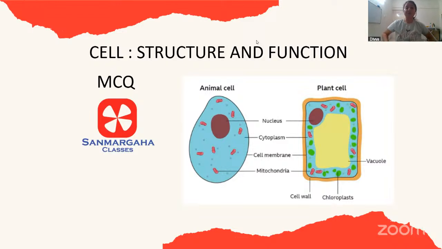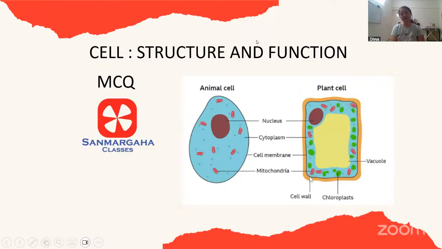Okay, so before starting, we have the pictures here on the screen. You can see animal cell and plant cell. Let us just recall some basic things, right? So animal cell has nucleus, cytoplasm, cell membrane, mitochondria, whereas plant cell also has all these things.